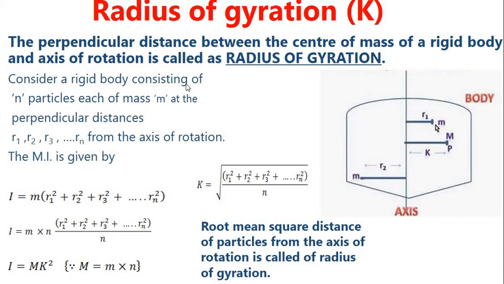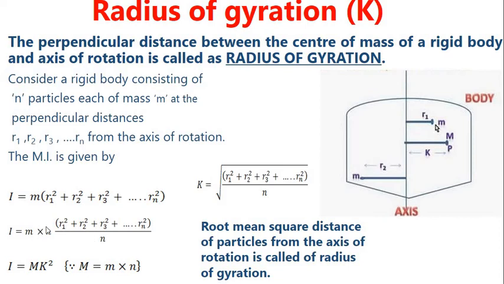Consider a rigid body consisting of n particles each of mass m at perpendicular distances r1, r2, r3, so on to rn from the axis of rotation. Moment of inertia is given by I is equal to m into r1 square plus r2 square plus r3 square so on to rn square. Divide and multiply by n.